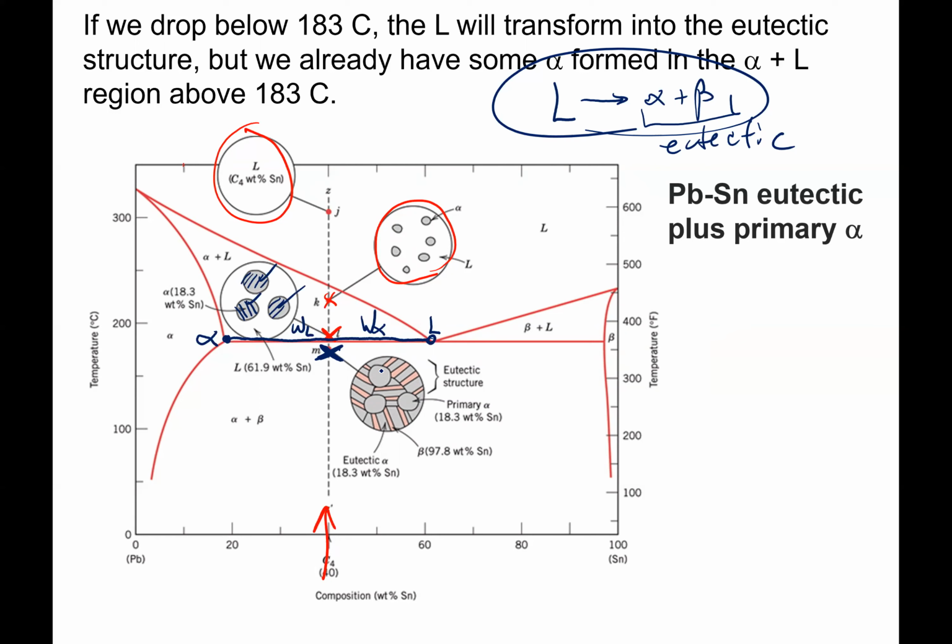That's not going to change. But everything that was liquid now converts into both alpha and beta in the layered structure. Okay, so it's just the liquid that becomes the eutectic structure. And I'm still left with these spherical particles of alpha that I formed just above 183.